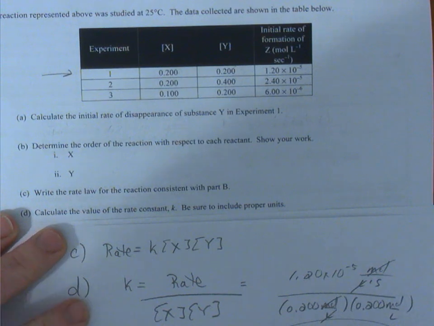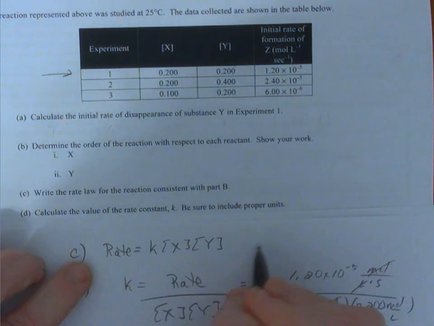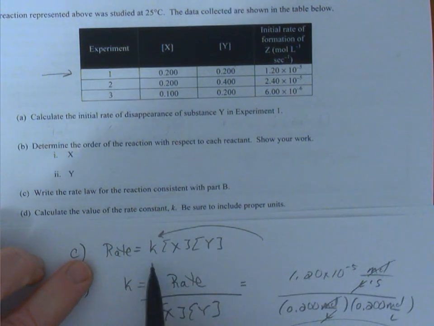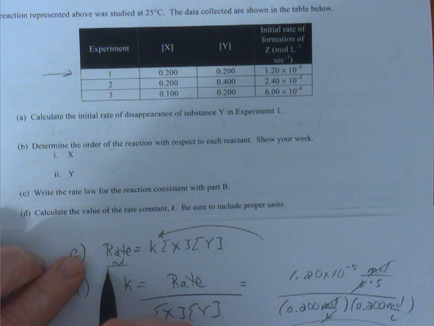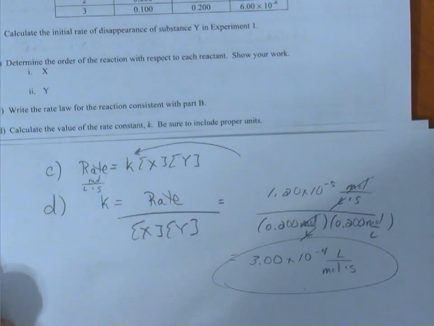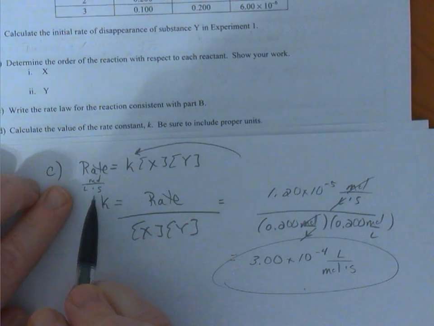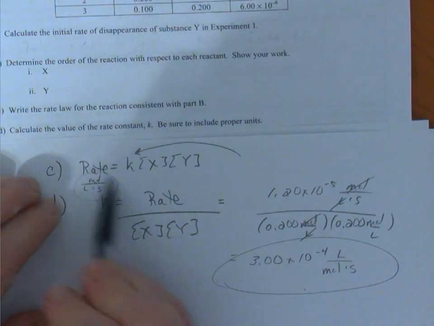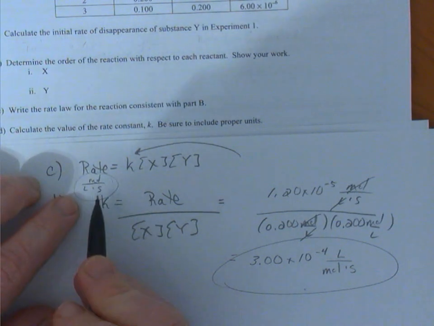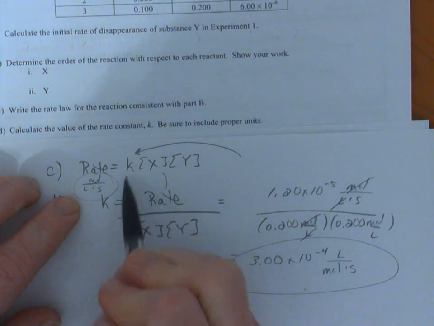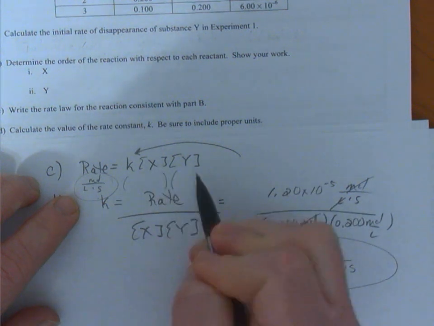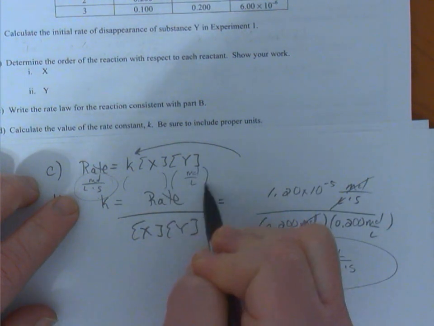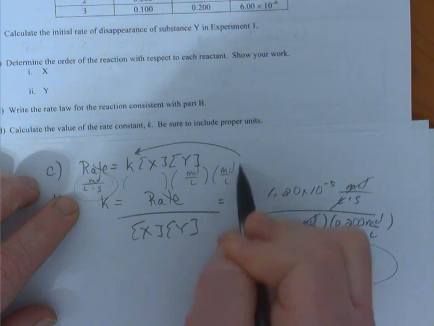Remember, we talked about how we can check ourselves to make sure we have the correct units on K. We know that rate is mole per liter second. We know that. And so to yield this unit for rate, what does K have to have, knowing X here is mole per liter to the first and mole per liter to the first?